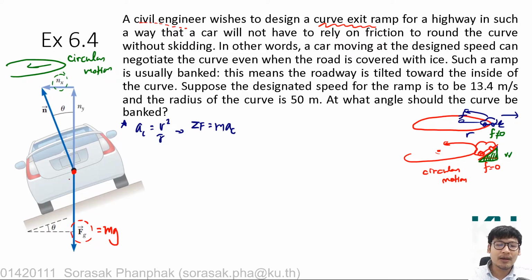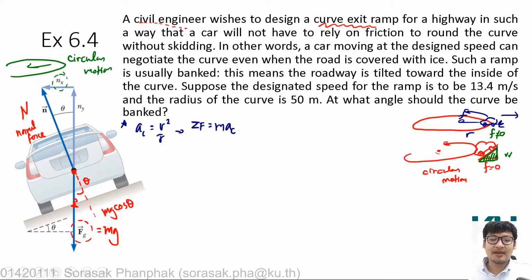When you break these into components, you will have N, the normal force, which is this type of mg. If this is theta, this is also theta, this is mg cos theta.